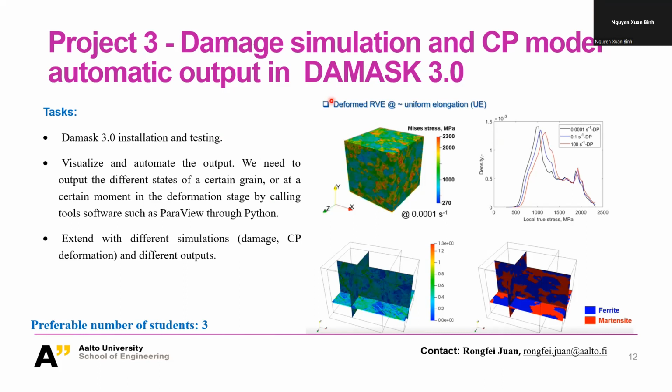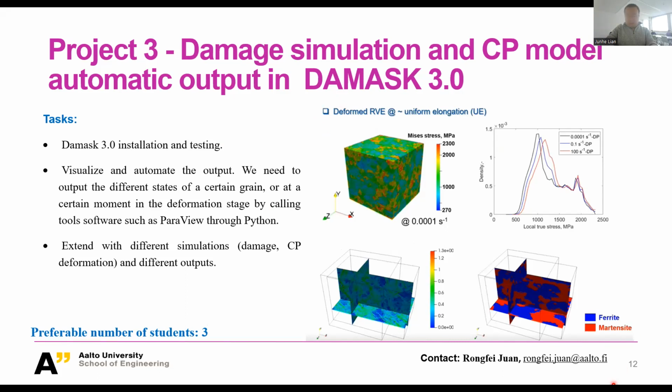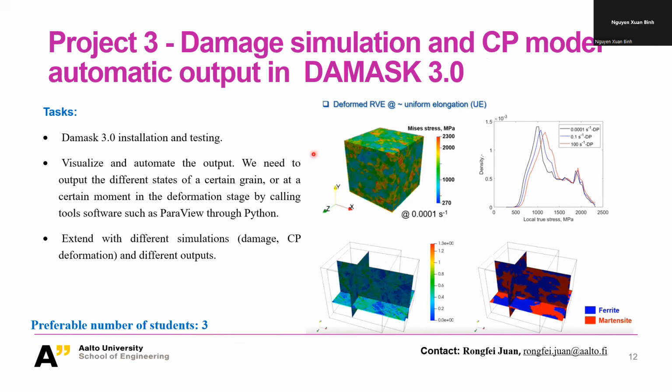Well, all right, can I have a question? I remember that on CSC there are two groups. It is the crystal plasticity, and another module is damage simulation. So it means that this project 3 will be assigned to that CSC group, right? Yeah, that's very likely. You're right.